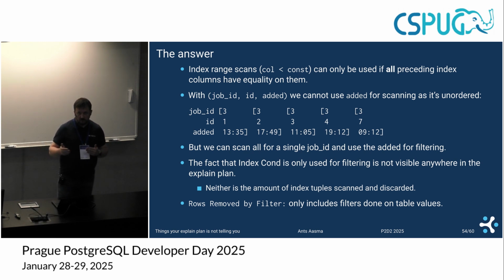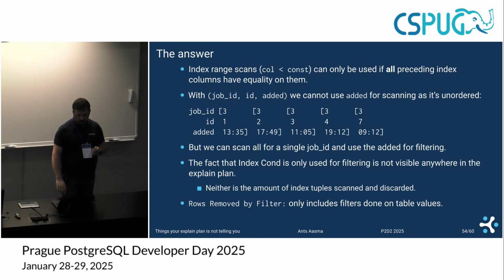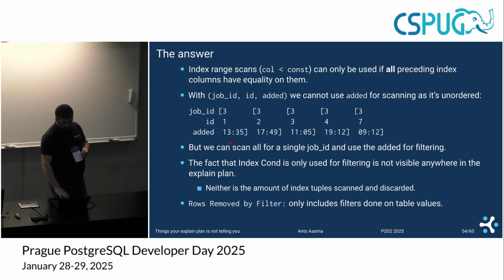We can only do this type of range scan if all of the preceding index columns have an equal sign on them. So we have fixed those values in place. So in this case, the job ID was fixed, but everything else was open, except the added column, where we had an inequality.